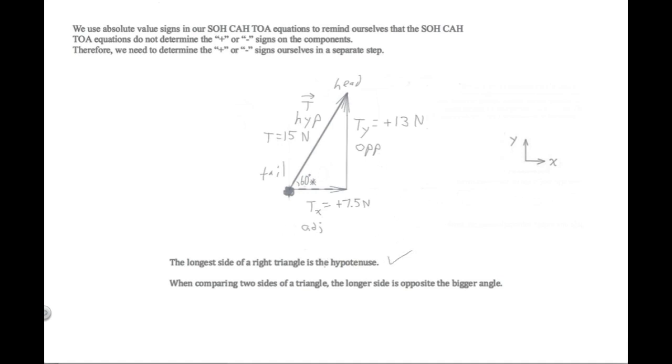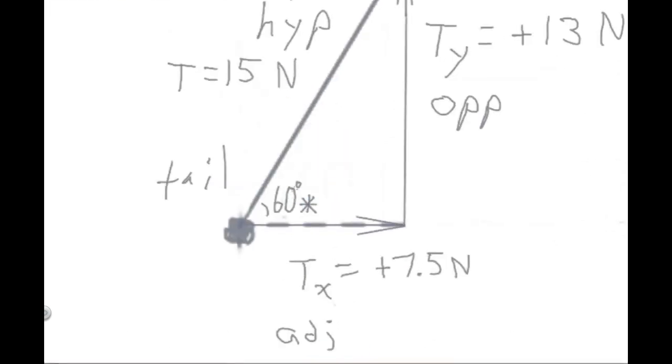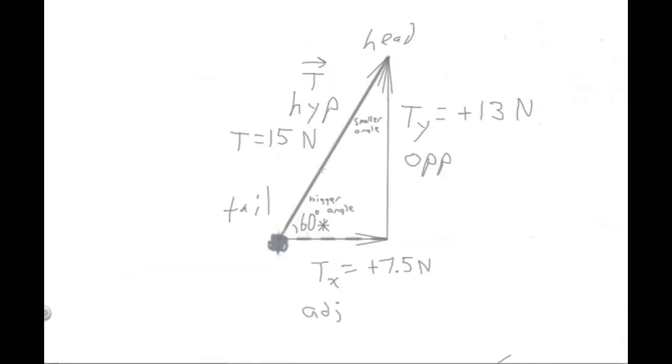And here's a rule that you might not be familiar with, but in a triangle, longer sides should be opposite bigger angles. Well, I hope it's clear to you that this angle here at the bottom, the 60 degrees, is the bigger of the acute angles, and this angle at the top here is the smaller.